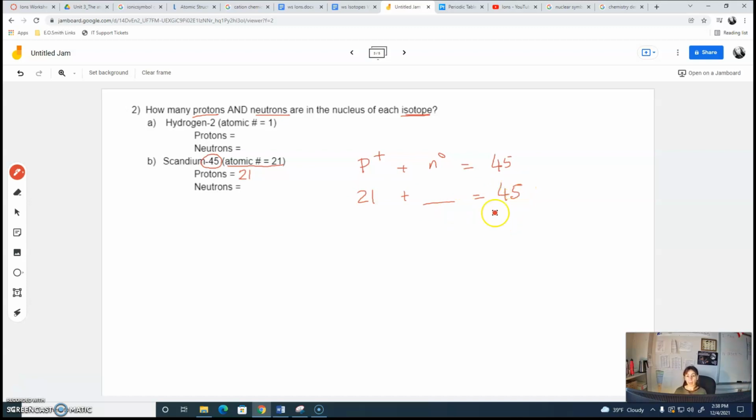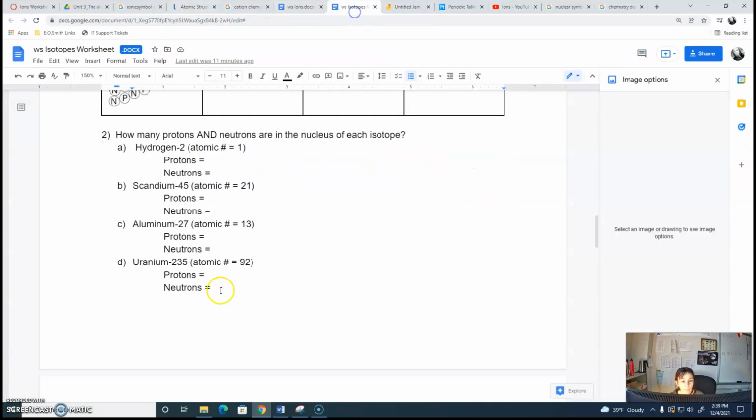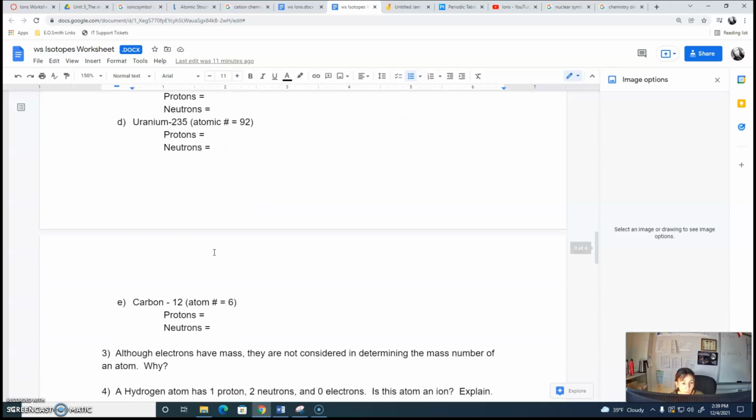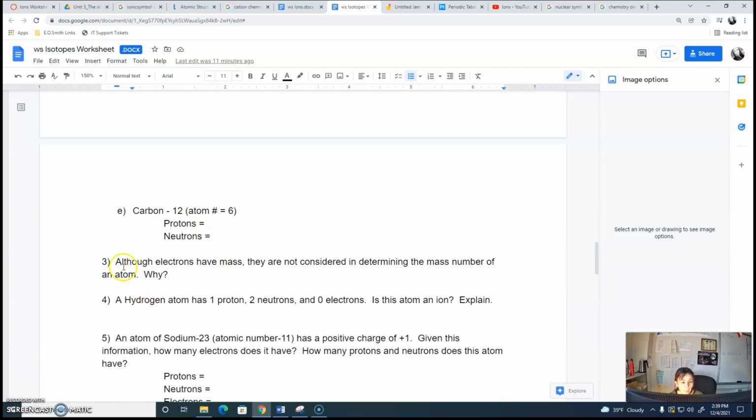I can do that in my head or using my calculator, whichever way is easier for you, simply by subtracting 45 minus 21. So my answer is going to be 24 over here. 24 neutrons I need in order to get the element scandium with an atomic mass of 45, which is an isotope of scandium. So go ahead and, using the same methodology, complete these examples.